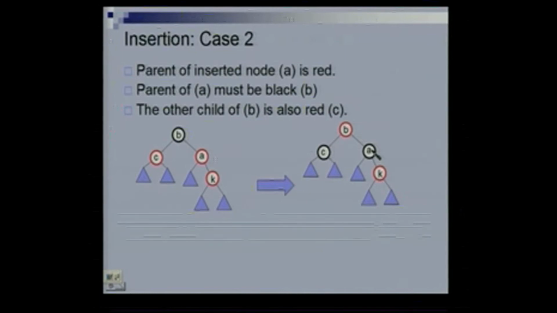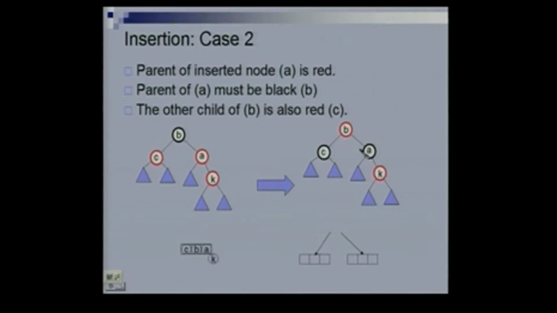This is the transformation we are going to do. No transformation really, but we just recolored the nodes, and this corresponds to a split, and let us see why. This is the transformation I have done. I have colored this black, colored this black.